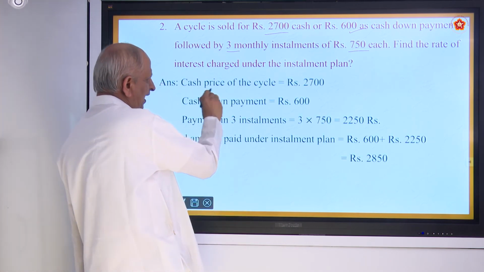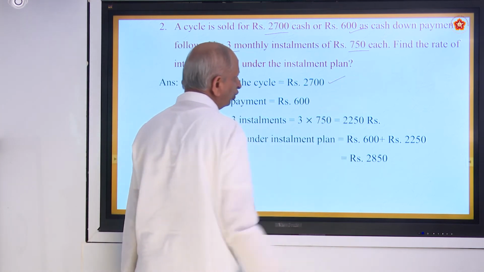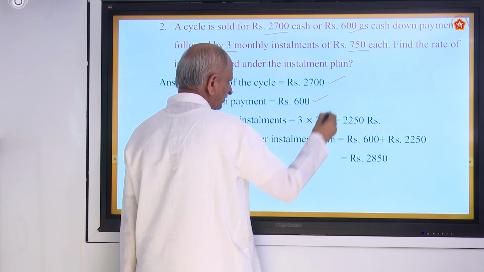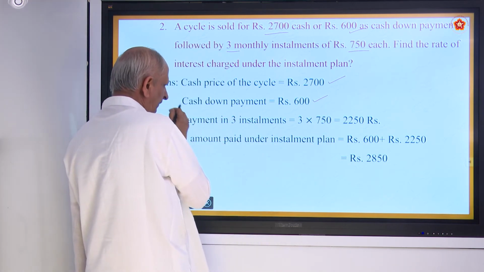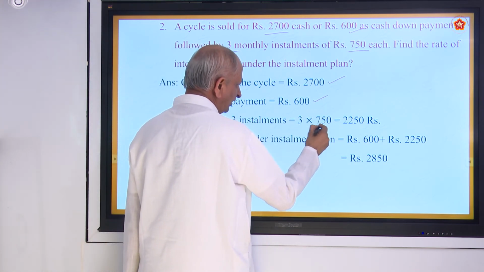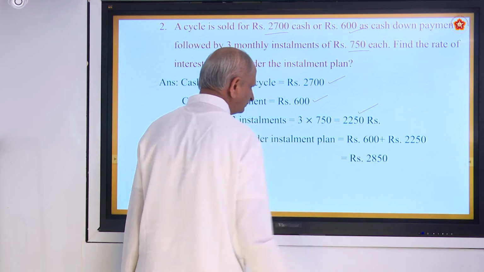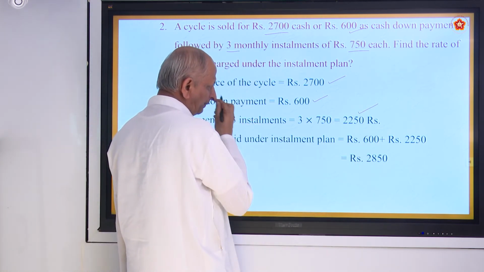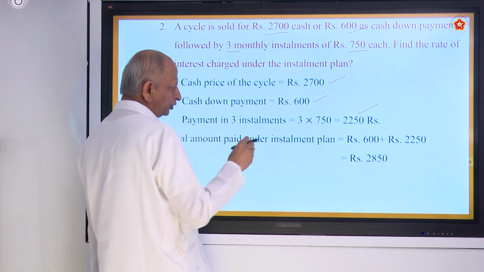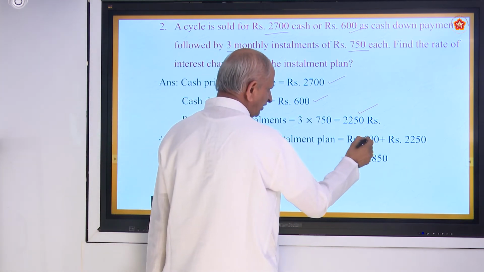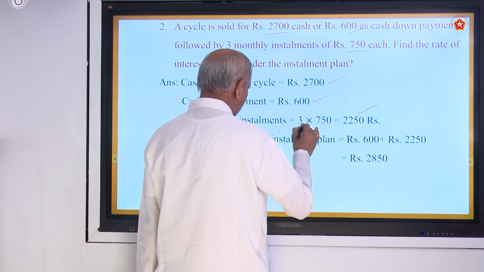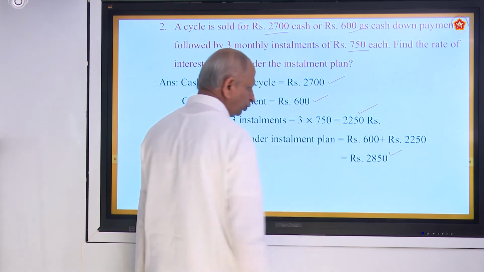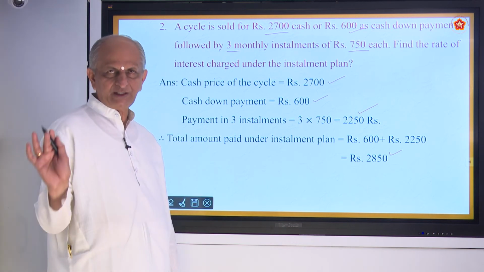So first step, cash price of the cycle is rupees 2,700, cash down payment 600, payment in 3 installments 750 into 3, 2,250. Total amount to be paid under the installment plan: 600 cash down plus 2,250. Totally he has to give 2,850. Understood?